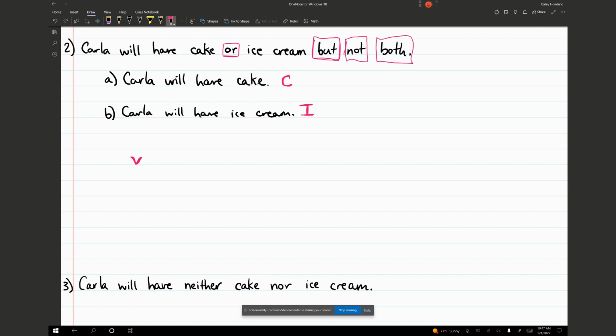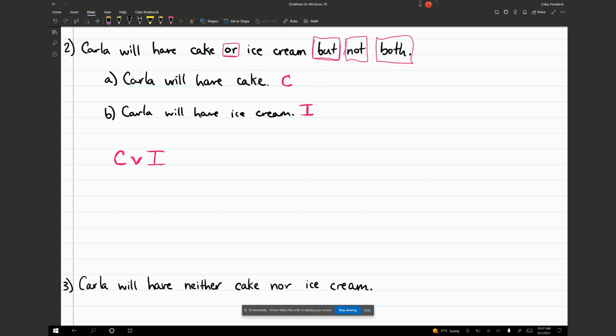Or connects Carla will have cake, which we represent by C, and the sentence ice cream, which remember we noted was a fragment, meaning Carla will have ice cream, or I. All right, so we have cake or ice cream. We're going to get to the parentheses in just a minute.